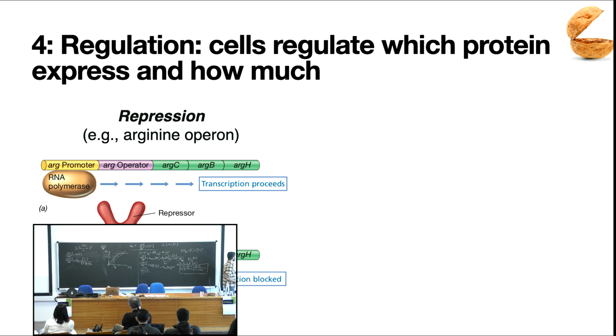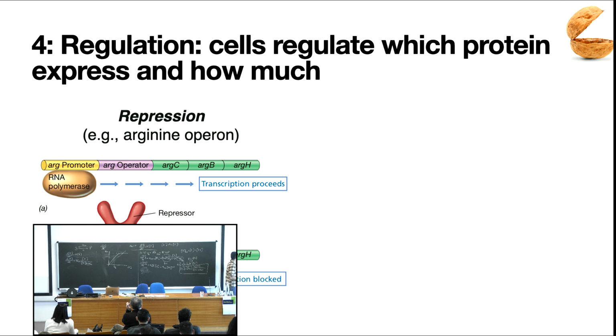So for instance, this is a simple way this occurs. You have a protein, which is called a repressor. If this protein is unbound to the DNA, the RNA polymerase can proceed happily and produce the mRNA that serves to produce the enzyme.